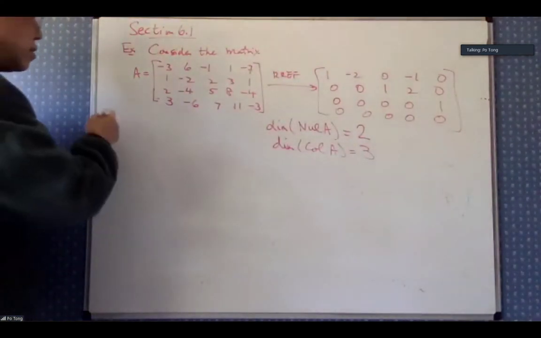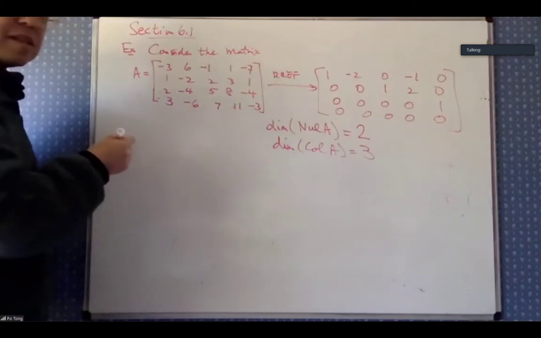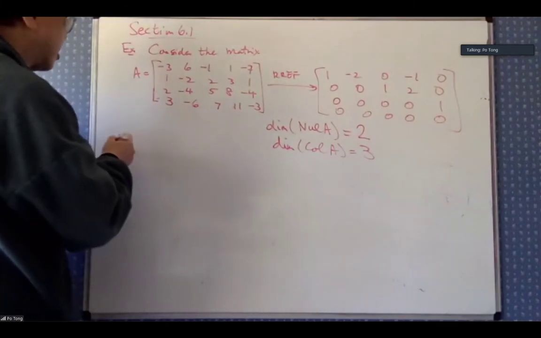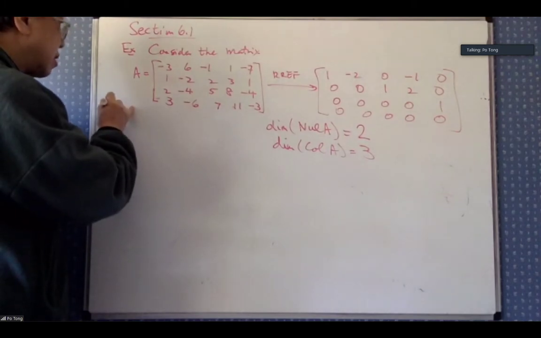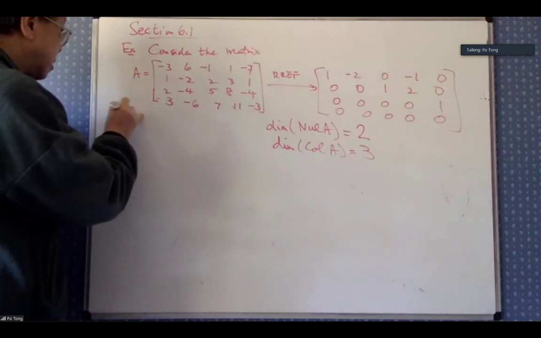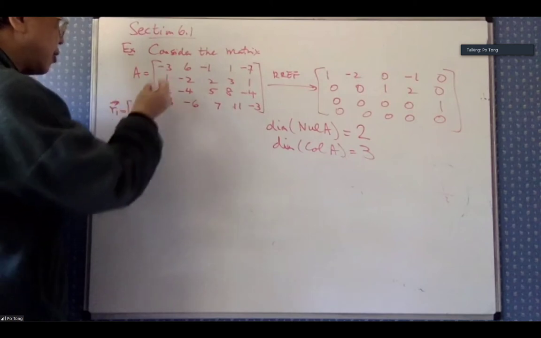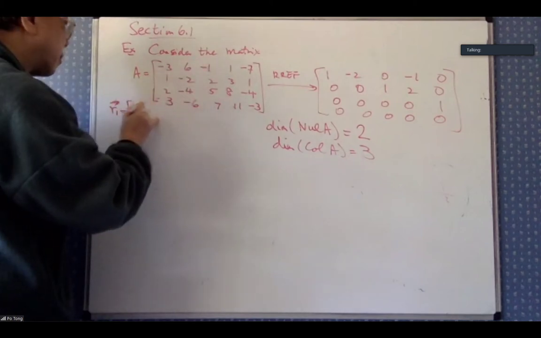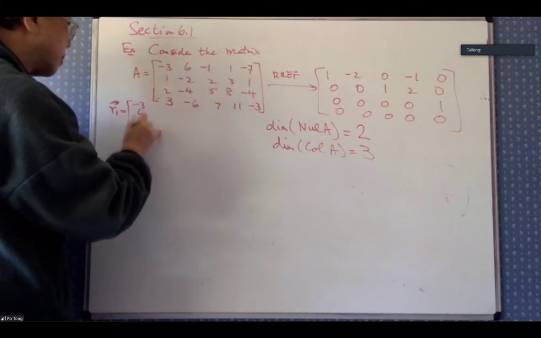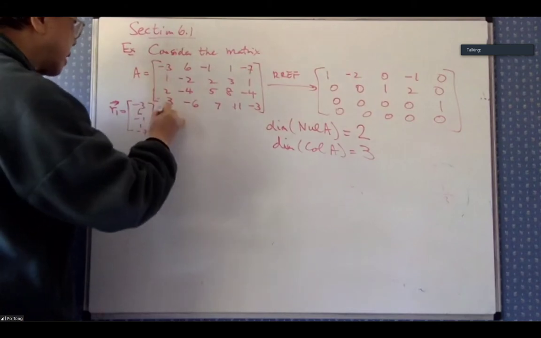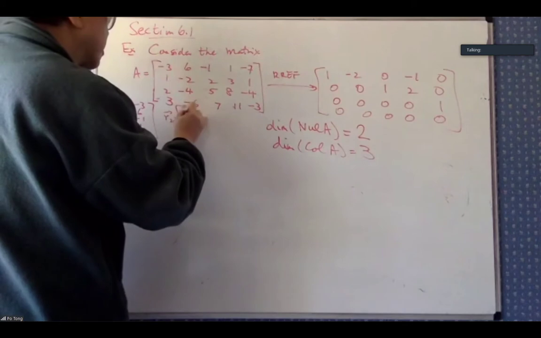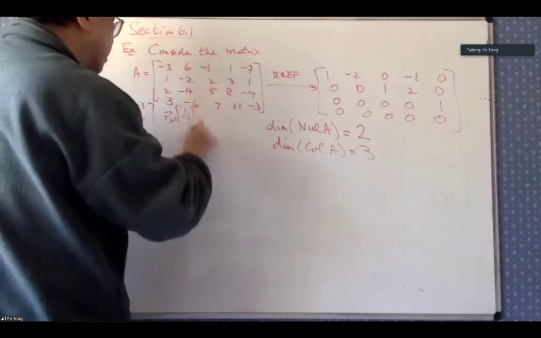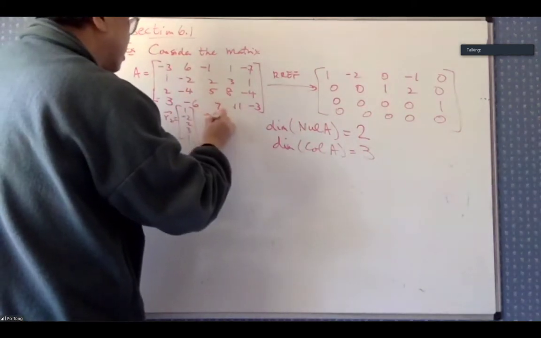So we talk about the concept of row vectors. R1 will be equal to this first row. R2 will be the second row. R3 will be the third row.